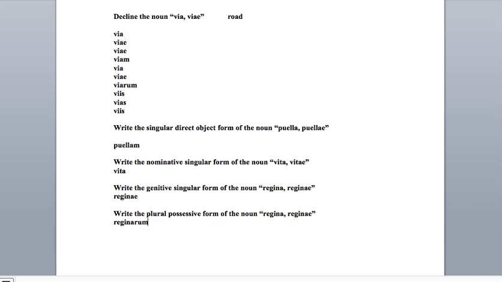So, it's a lot in this particular lecture, but as we've been doing this, we have learned two things: the inflectional endings for first declension nouns, and also how to decline any noun, but specifically a first declension noun.